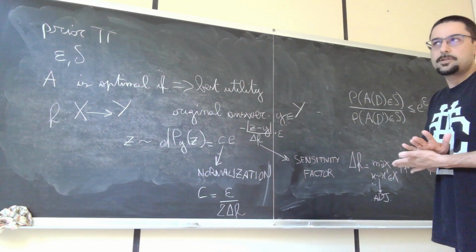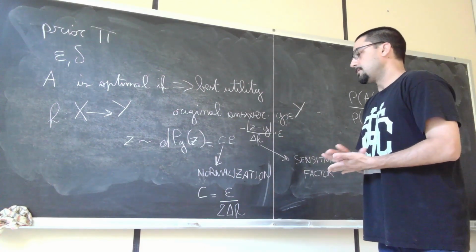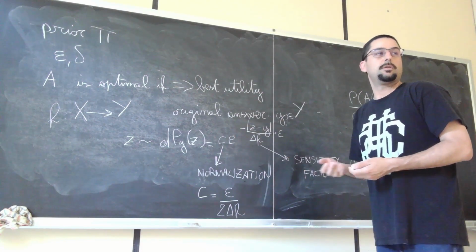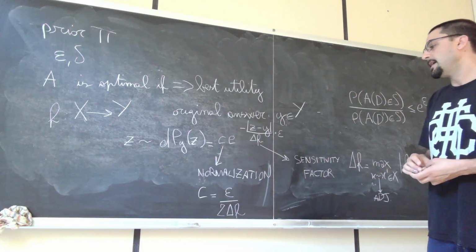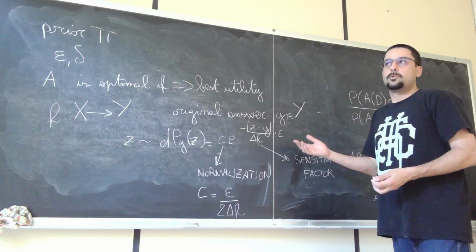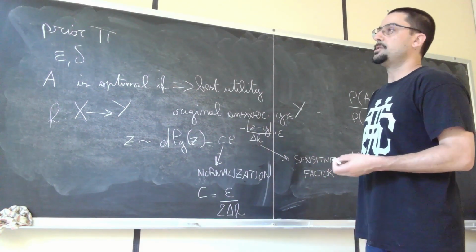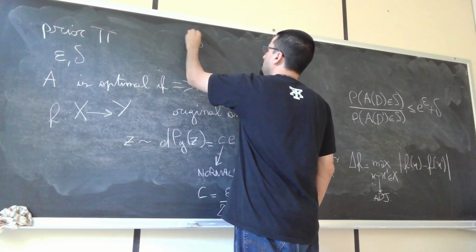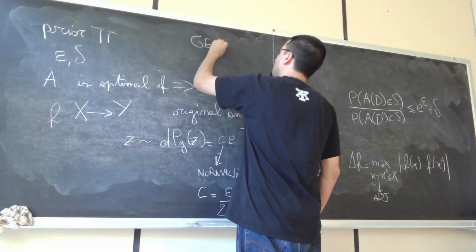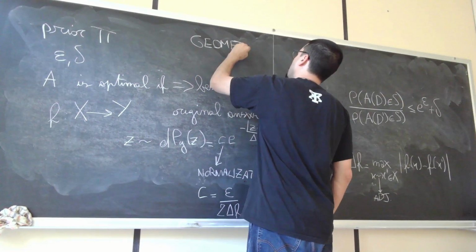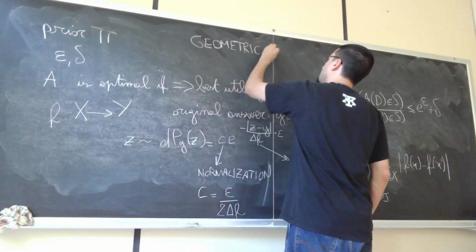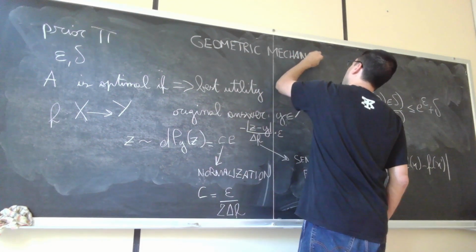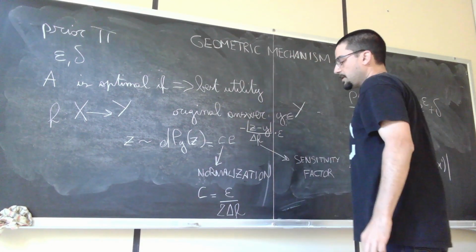Actually, what we are interested in here is not a continuous distribution, it's a discrete distribution. It is still called a Laplacian distribution, but usually it is also called a geometric mechanism. So it is always the same thing.